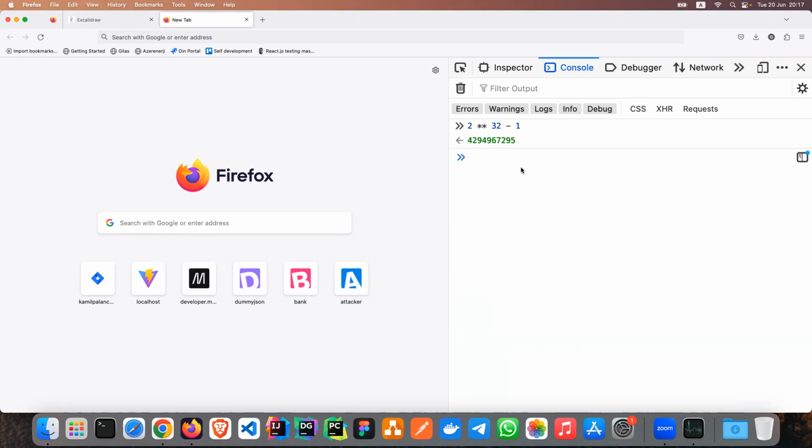Of course, they can, but in order to have a larger number than this, they will have to do some complex calculations. But having 64-bit means you can have a really, really large number. Compare this number to this number. It's clear.